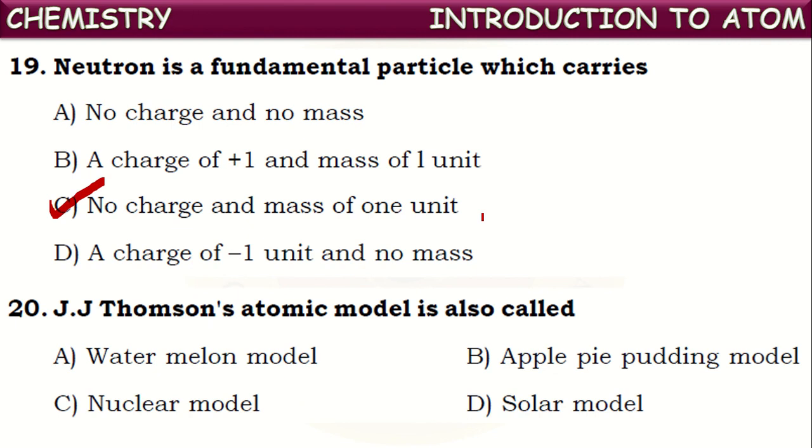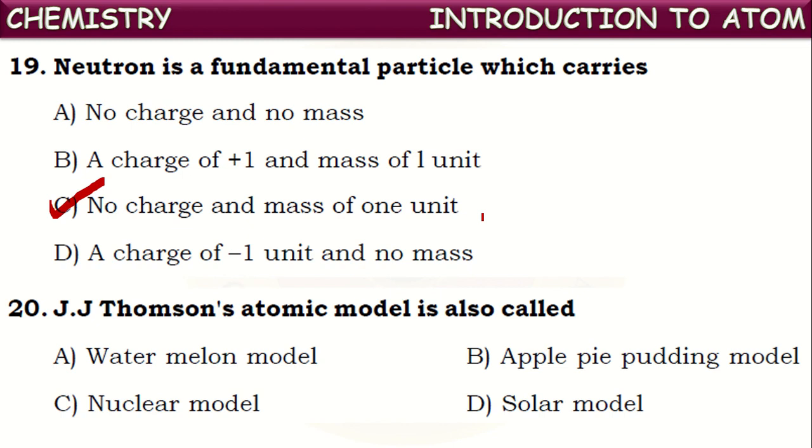J. J. Thomson's atomic model is also called as what? So after the discovery of electrons and protons, they raised one doubt there. As there are fundamental particles like electrons and protons existing in the atom, how do they exist inside? How are they arranged?